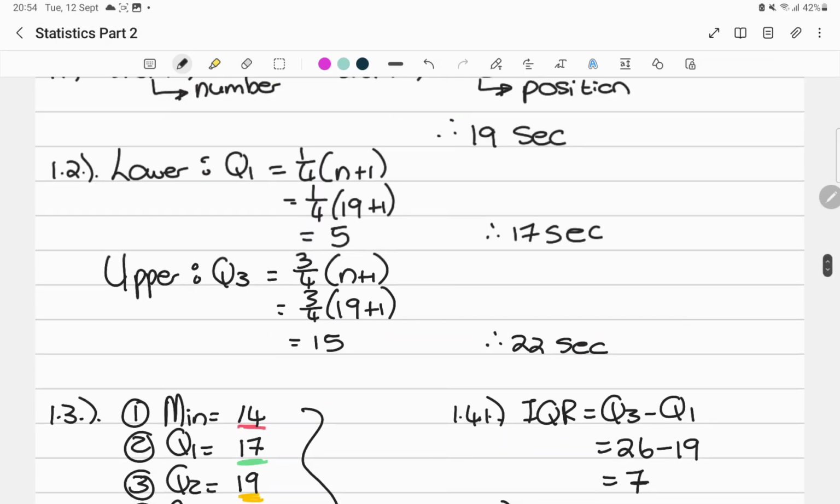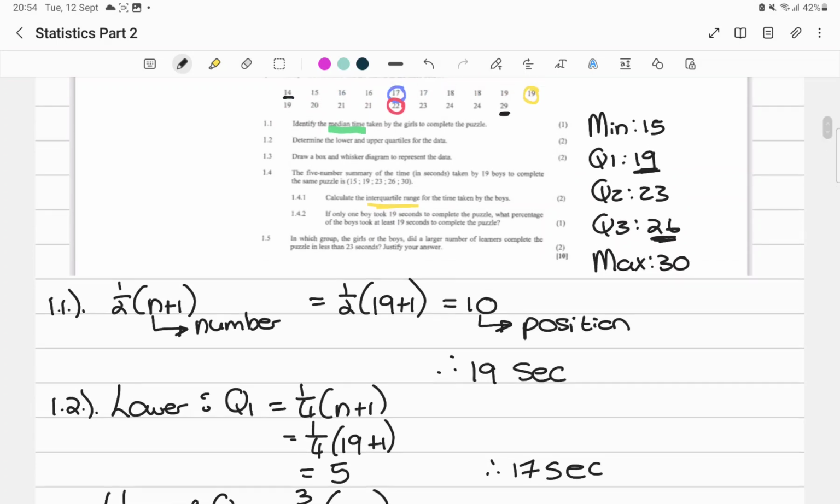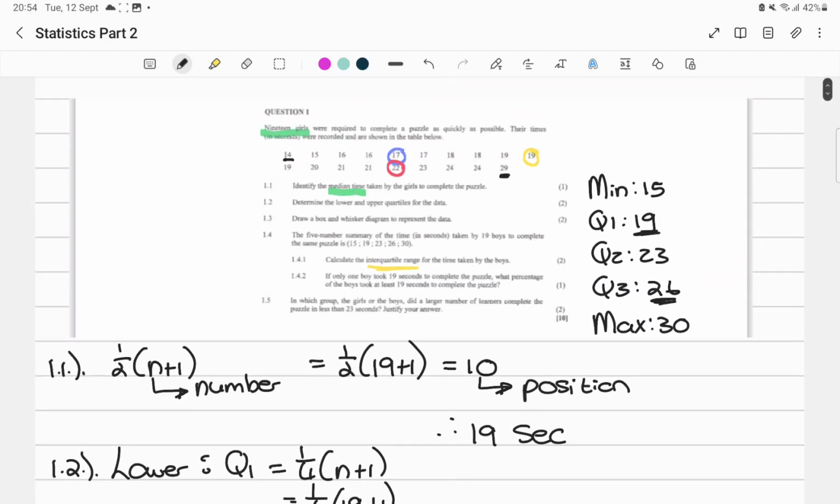Alright, and then my last question, question 1.5. In which group, the girls or boys, did a larger number of learners complete the puzzle in less than 30 seconds or in less than 23 seconds? Alright, so in my boy category, half of my learners finished it at my median, okay?